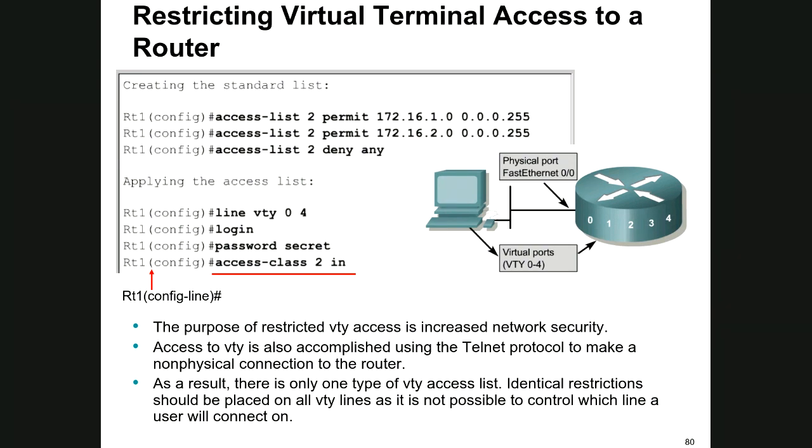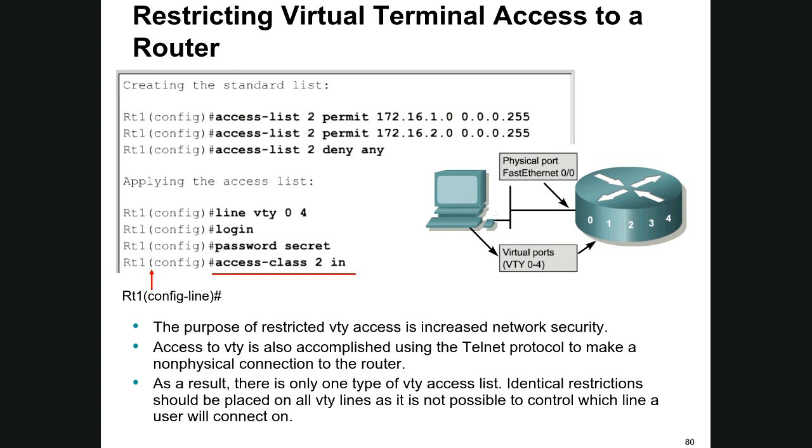So we can create an access control list that says only the .1 and .2 guys are allowed, everybody else is denied. And then on that line vty 0 4, login, password cisco, we add another line that says access-class 2 in. That way, you can't even attempt to telnet or secure shell into the router unless your source address is 172.16.1 or .2. And that adds an additional layer of security.